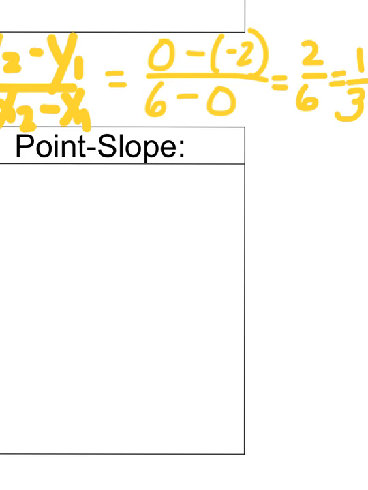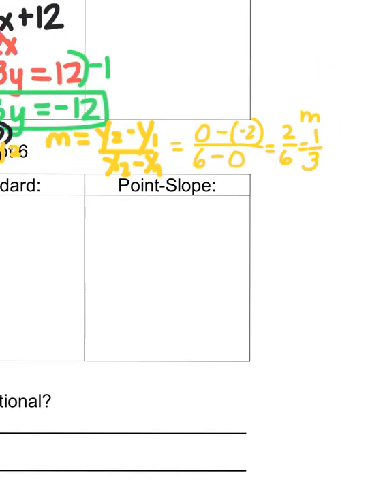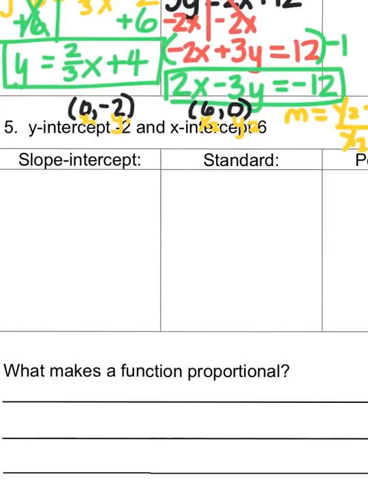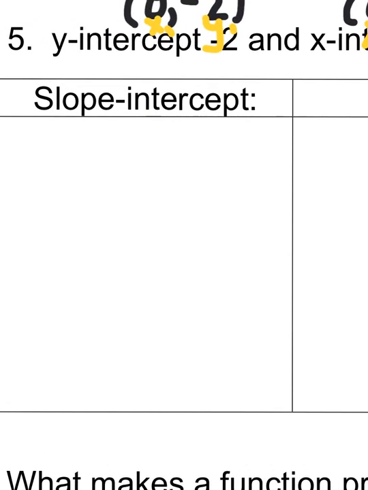Now what do we have? We have an m, a slope. Do we have a b? If we have an m and a b, that leads us to slope-intercept form. Slope-intercept form is y equals mx plus b. So we need an m and we need a b.